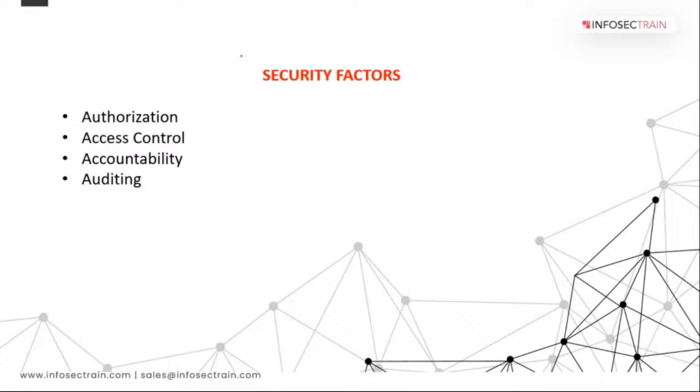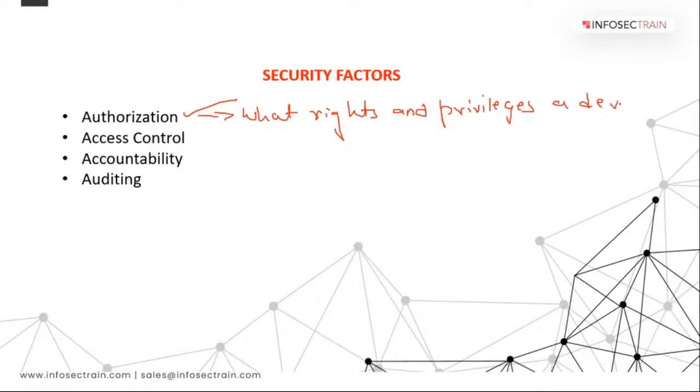The first one is authorization. In authorization, we have the process of determining what rights and privileges a person or a device has.